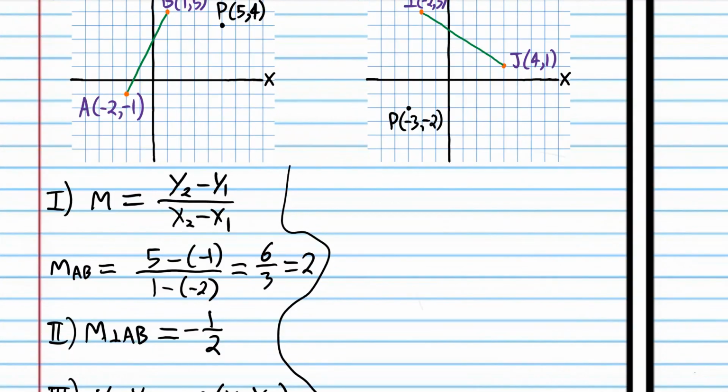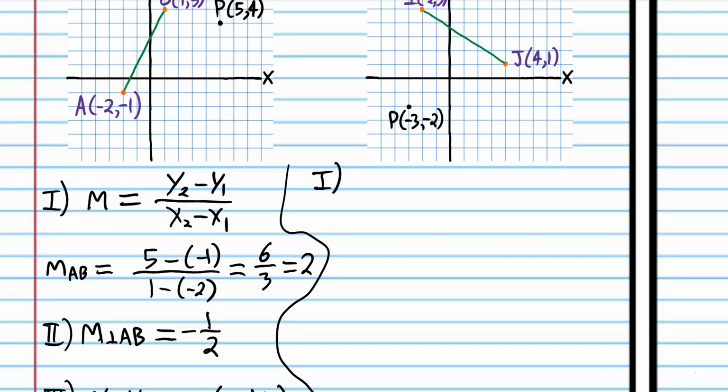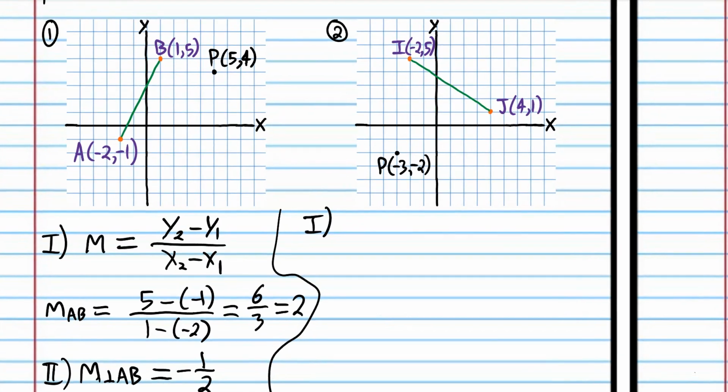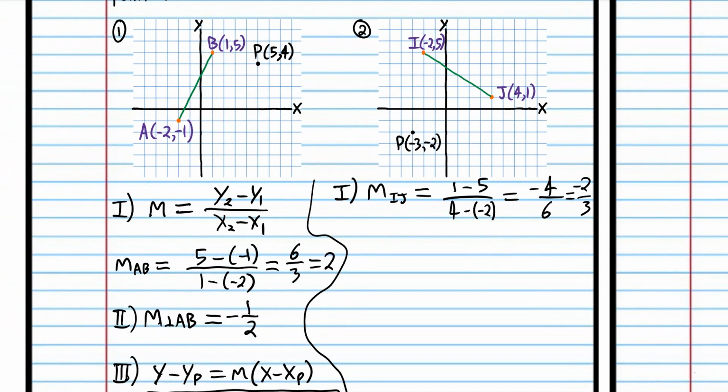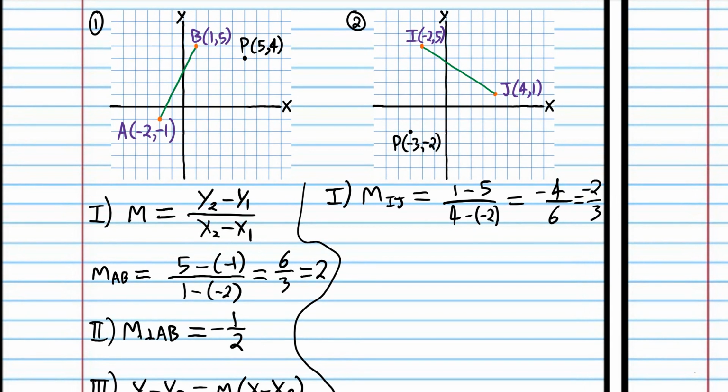So step 1 is to find the slope of IJ, and using J as the second point, we have 1 minus 5 over 4 minus negative 2, which is negative 4 over 6, which simplifies to negative 2/3. So that is the slope of IJ.